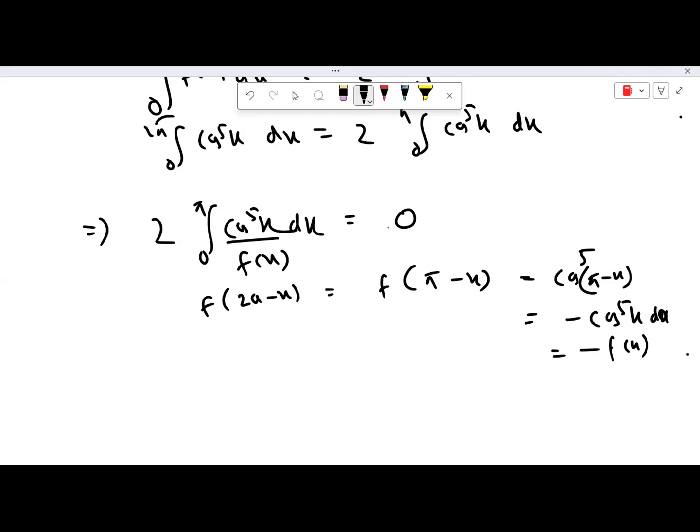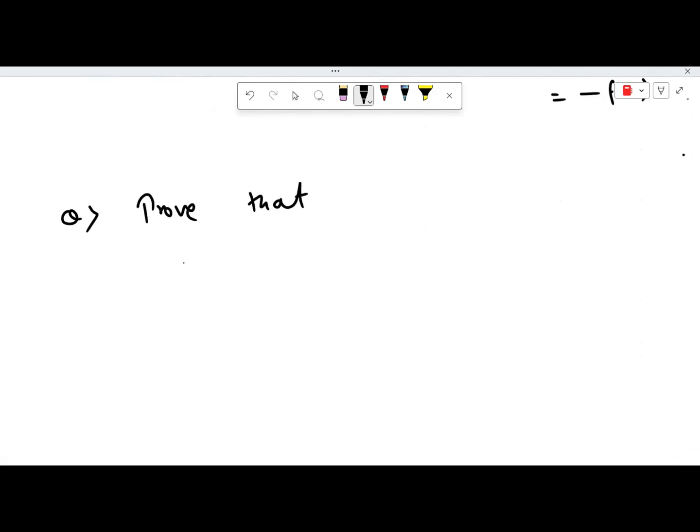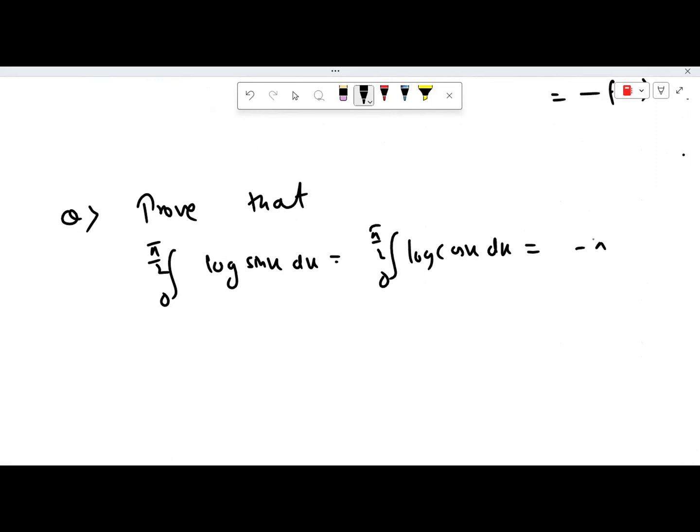All right, one more question. Prove that the integral from 0 to pi by 2 of log of sin x dx is equal to the integral from 0 to pi by 2 of log of cos x dx, which is equal to negative pi by 2 log 2. Okay.